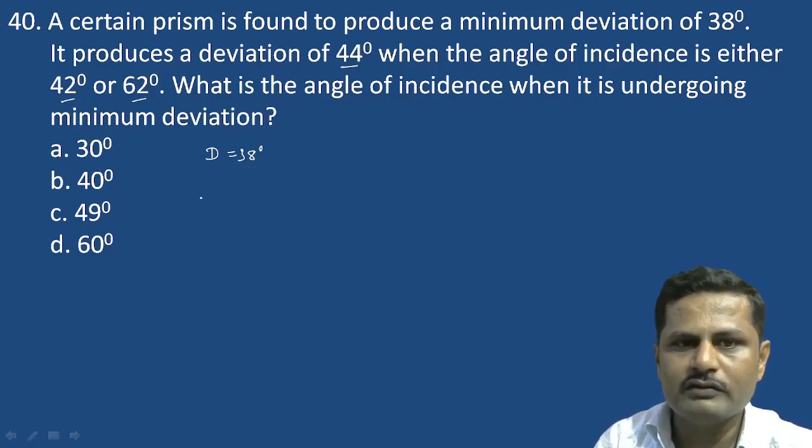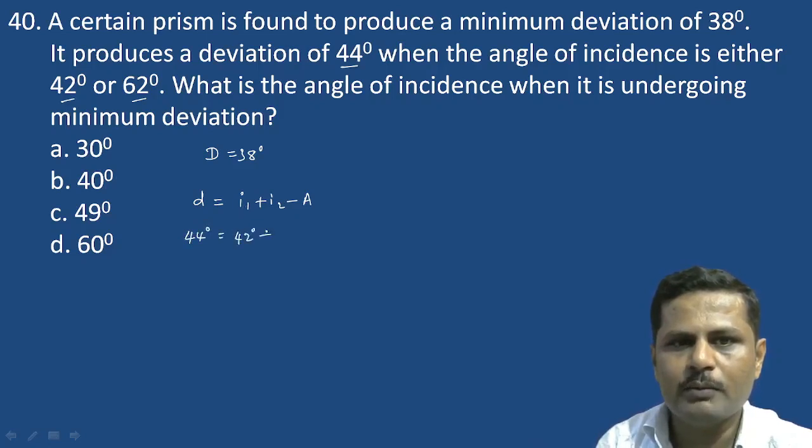We have a relation, that is, deviation produced by the prism equals i1 plus i2 minus A. Here i1 and i2, if you interchange them and you get the same angle of deviation, then we could consider like this: 44 degree equals i1, the first angle, that is 42 degree, plus i2, the second angle, that is 62 degree, minus A. So we will get 44 degree equals 104 degree minus A. So A equals 104 minus 44 equals 60 degree. This is the angle of the prism.